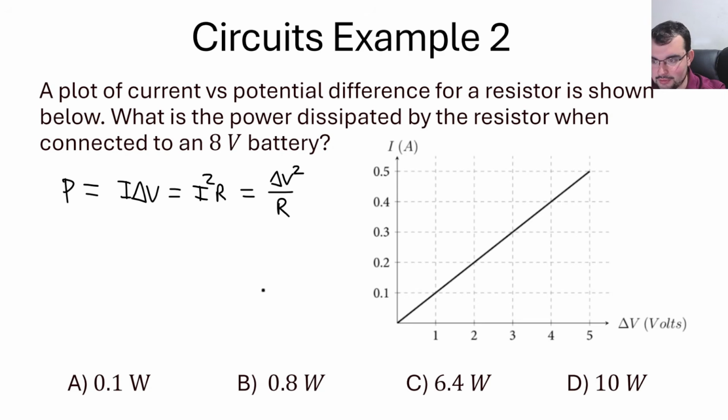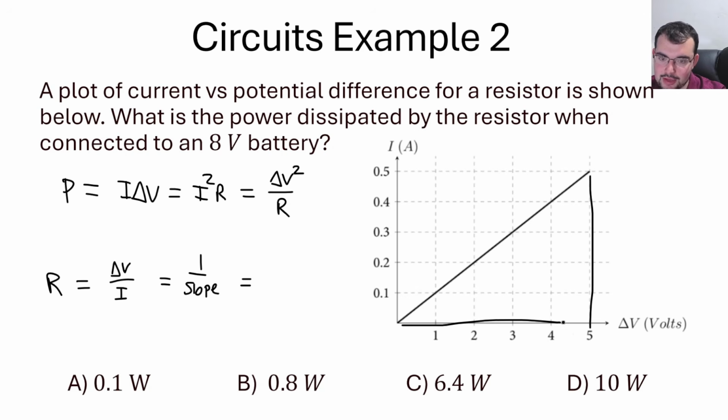But the objective of this was actually to solve for R. Because of Ohm's law, R is equal to delta V over I, which is 1 over the slope of this graph. The regular slope would be a rise of 0.5 and a run of 5, so the slope of the graph is 0.1.